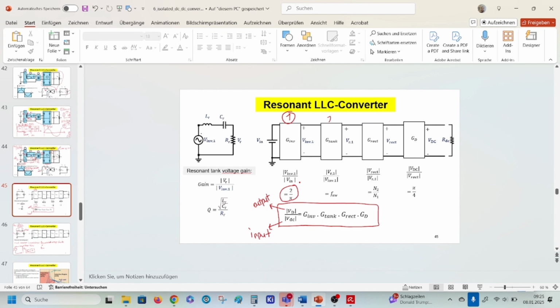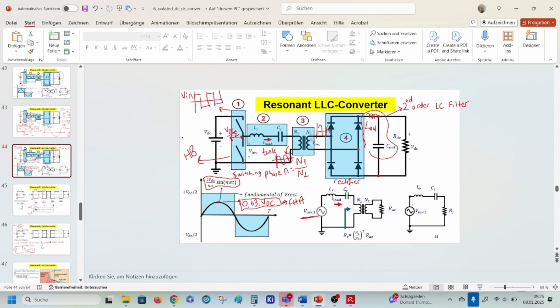For the second stage, the output voltage, this would be this node, the output voltage of the tank divided by the input voltage of the tank. They all have the same character.